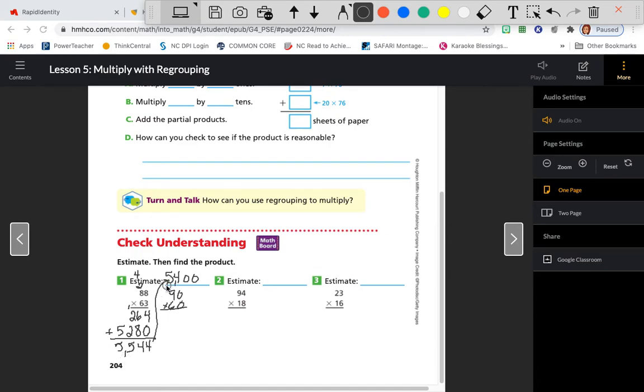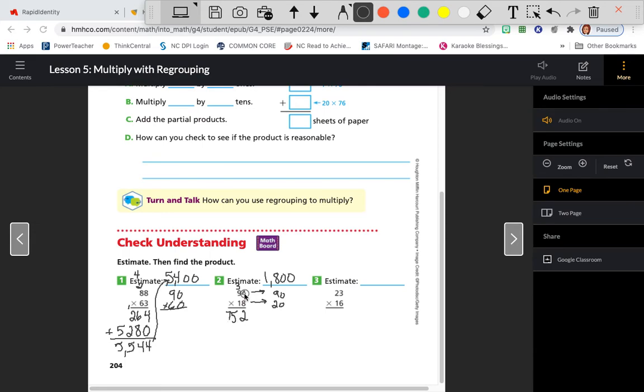All right, so for number 2, your estimate was 1,800. Remember, you round to the closest 10. So that would be 90. This would be 20. Then you multiply, and then we just simply multiply to find the product. 4 times 8 is 32. 9 times 8 is 72, plus 3 more is 75.